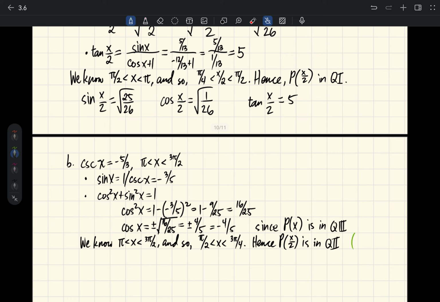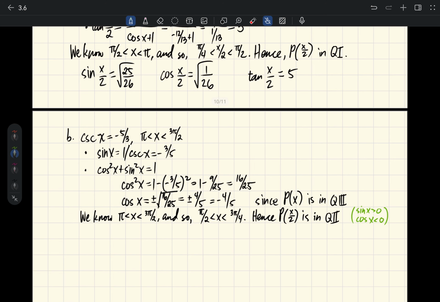So let's put that as a remark here. Sine greater than 0, cosine less than 0. So using the identities, we have sine of x over 2 equals, since sine is positive, we just write the positive square root of 1 minus cosine x over 2.